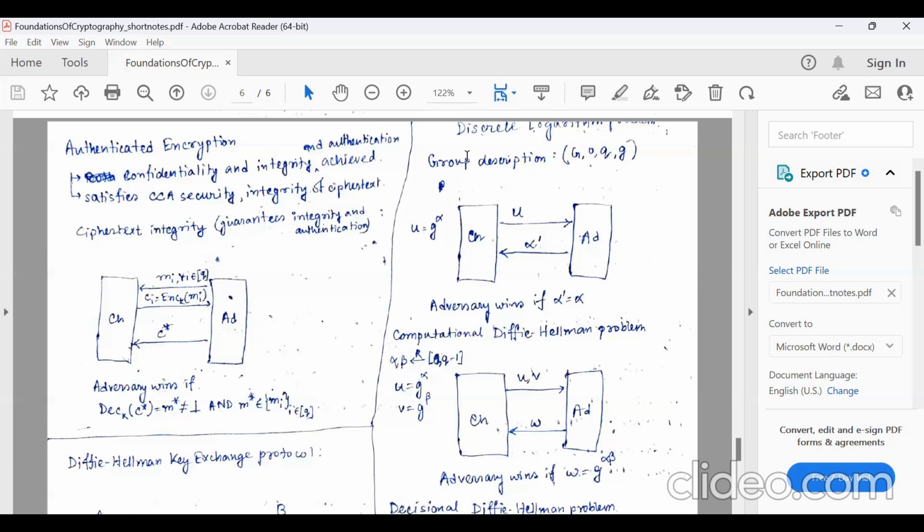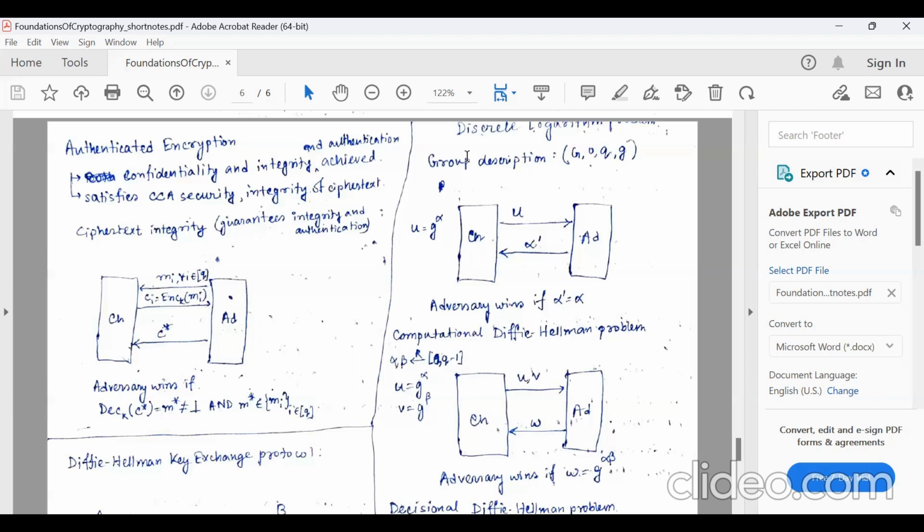In such a group, if your challenger provides the adversary with some arbitrary group element u, of course, u can be represented as g to the power alpha for some alpha belonging to 0 to q minus 1. Then the adversary's job is to come up with the exact value of alpha.